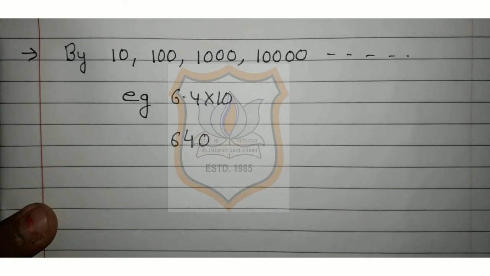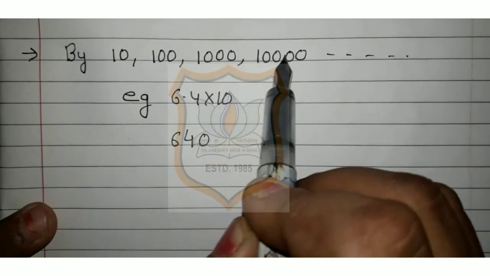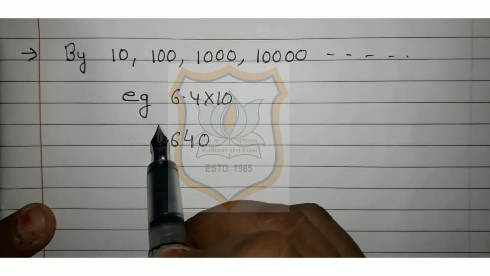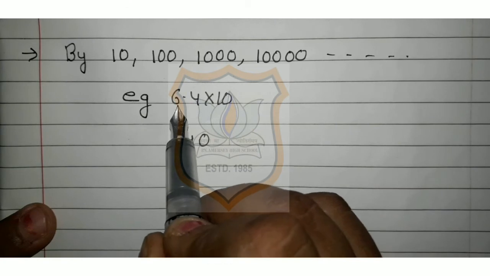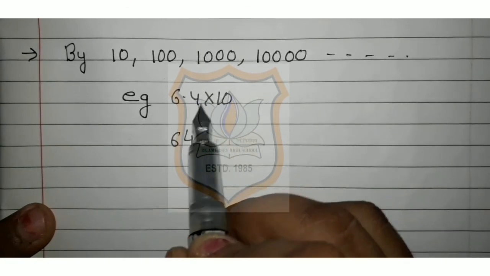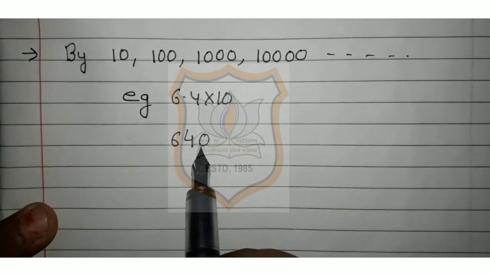The next point is multiplying a decimal number by 10, 100, 1000, 10,000 and so on. I will explain by giving an example. Suppose we have to multiply 6.4 into 10. Do not consider the decimal, simply multiply 64 into 10. Our answer will be 640.